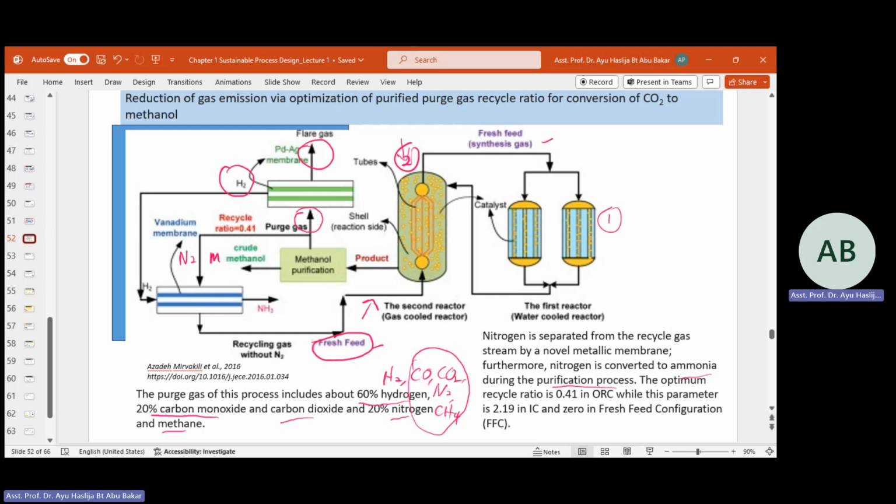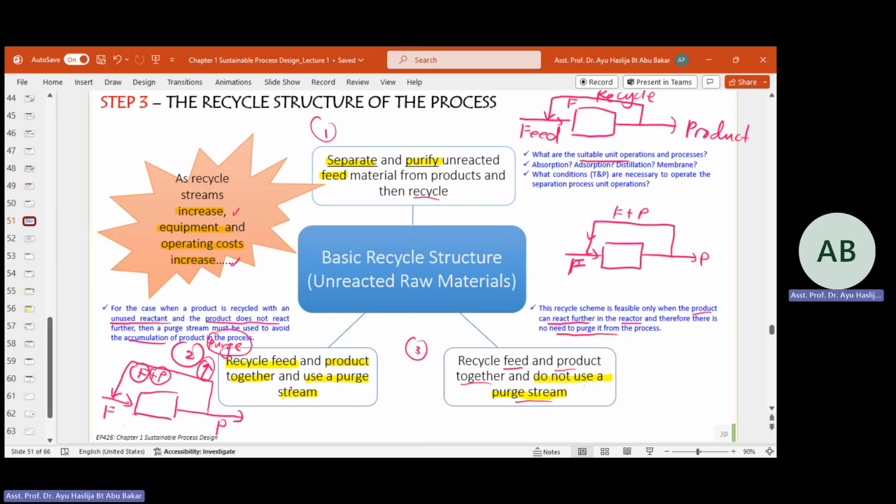Recycle, feed, and purge. This one uses a purge stream to purge the product.